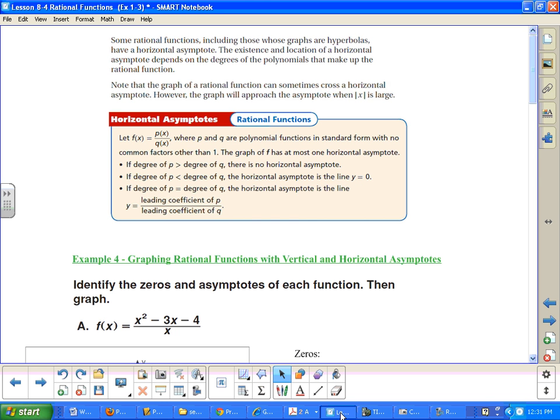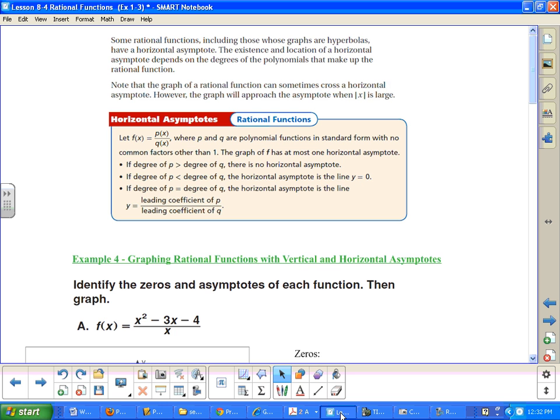So if the degree of the numerator is larger than the degree of the denominator, there's no horizontal asymptote. If the degree of the numerator is smaller than the degree of the denominator, then the asymptote is the line y equals 0. In other words, the x-axis is the horizontal asymptote.